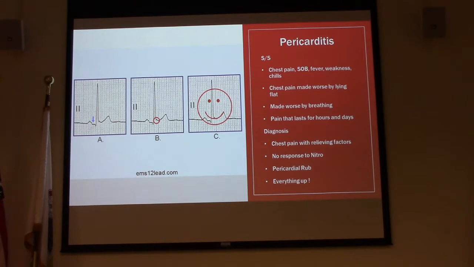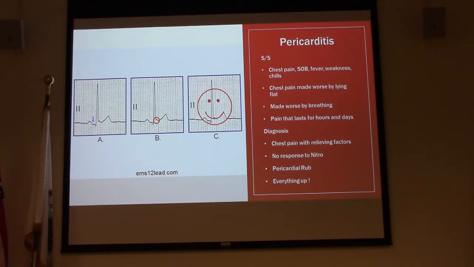I'm short of breath. The thing about pericarditis versus regular MIs is that this patient is going to feel better sitting up and leaning forward. If you ask them to lay down, it's probably going to hurt more. So something does make it better or make it worse. Remember, if it's cardiac, nothing's going to make it better and nothing's going to make it worse.